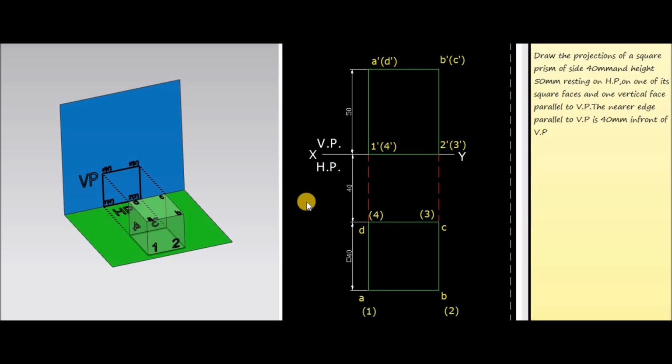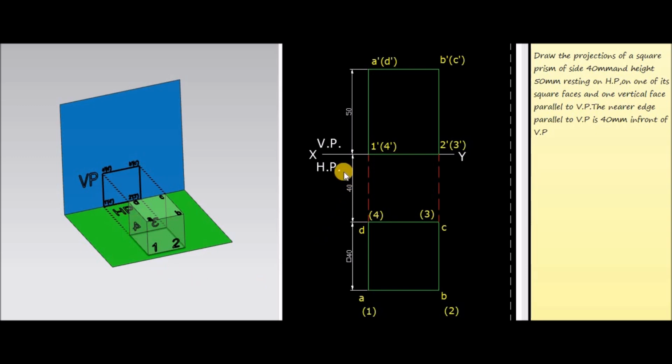Now, as I explained earlier, the square prism is situated with one of its square faces on the HP, and the parallel face, the nearer parallel face, is at a distance of 40 mm.